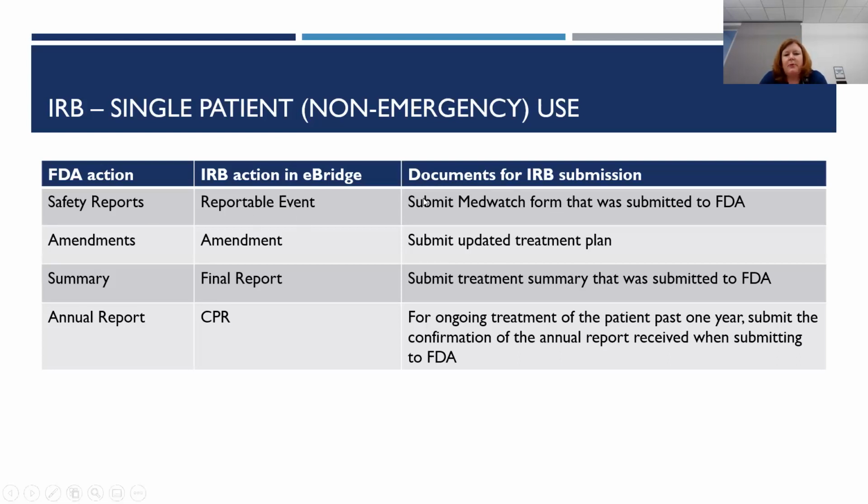For safety reports, we're looking for a MedWatch form, that communication to the FDA, and the updated treatment plan for an amendment. The final report would be opened as far as the summary of the completion of treatment. And then an annual report would be filed as a CPR.